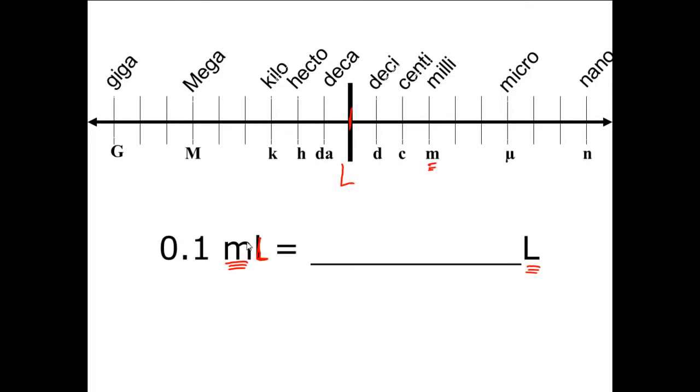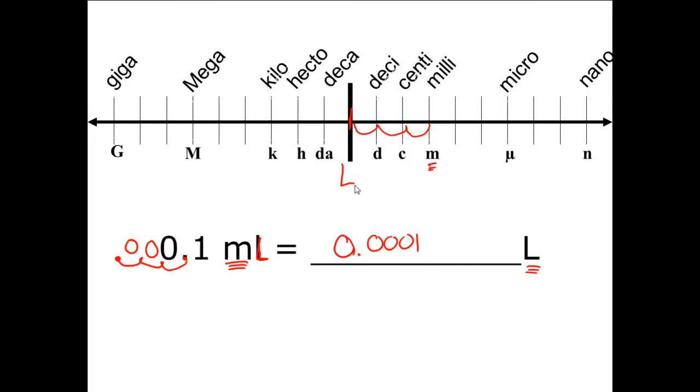What's called the base unit. And I'm going to go from millis to that point. 1, 2, 3. And I simply take my decimal point in this case, and I'm going 3 in the same direction. 1, 2, 3. And all those hoops I just passed by, I fill them up with zeros. And so the final answer is 0.0001 liters.